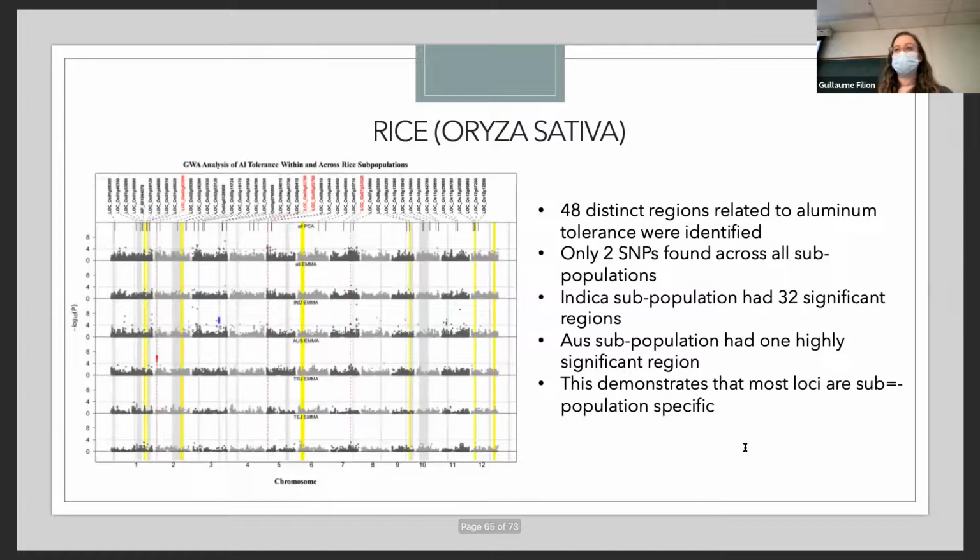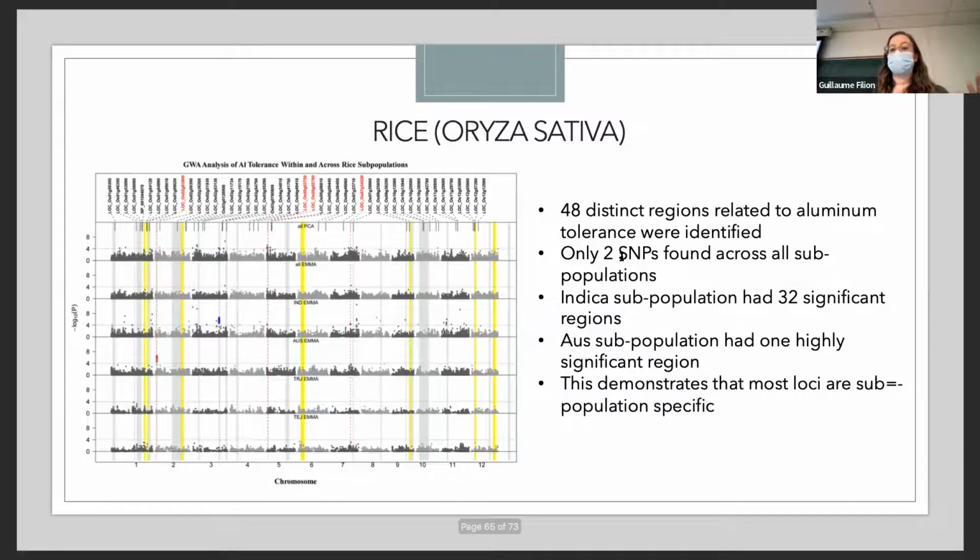So this is their group of Manhattan plots. They split it up by the different subpopulations because they were seeing a lot of population-specific structures and significant hits. So they found 48 distinct regions that were related to aluminum tolerance. Only 2 SNPs were actually identified across the subpopulations.